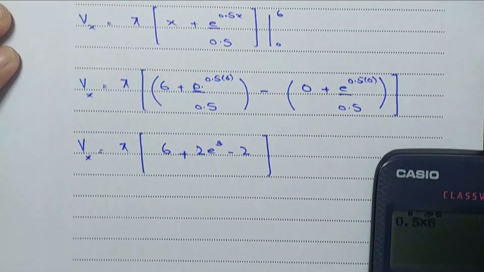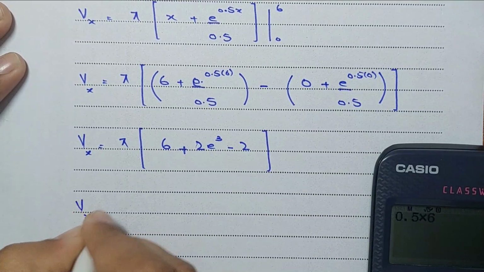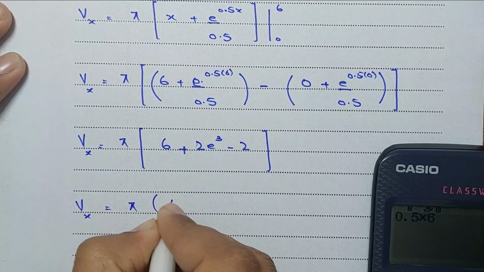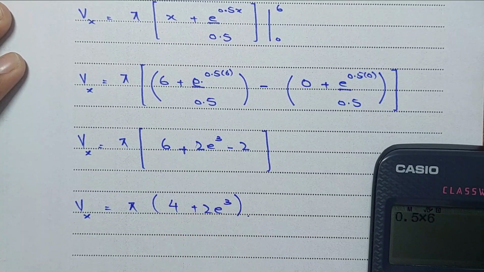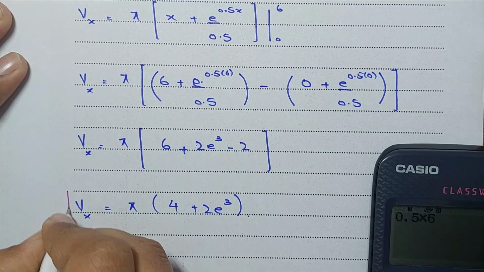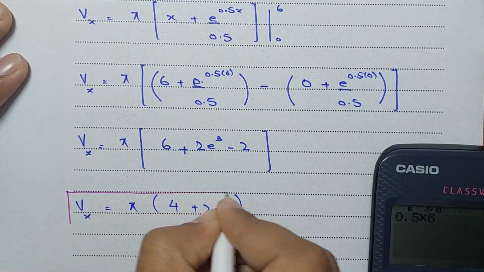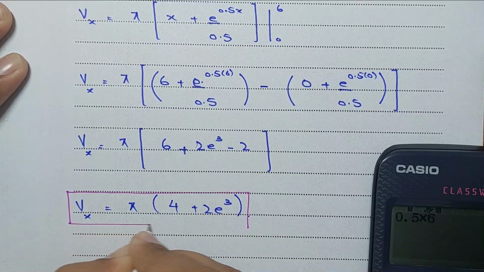So Vx is pi outside, and here we have 4 plus 2e cubed. This is the exact volume, because we just need the exact answer, right? So this is the volume in terms of pi and e.